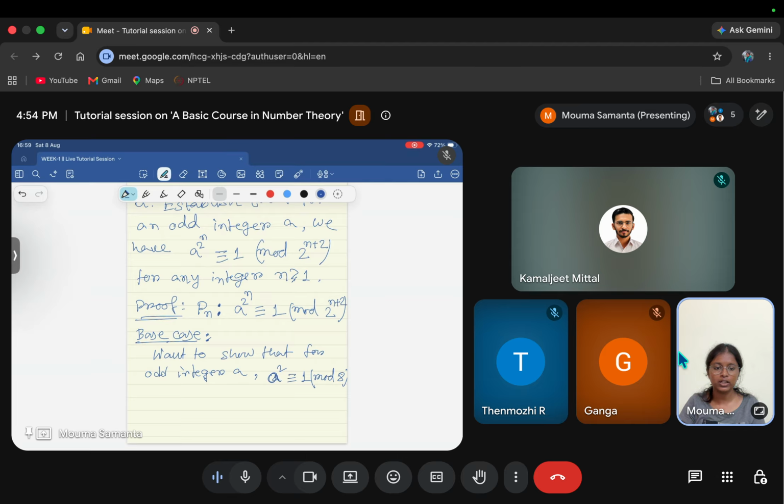So which forms of a are you expecting to consider here? I mean, a is an odd integer, so what is the form of a when we take the residue class of 2?